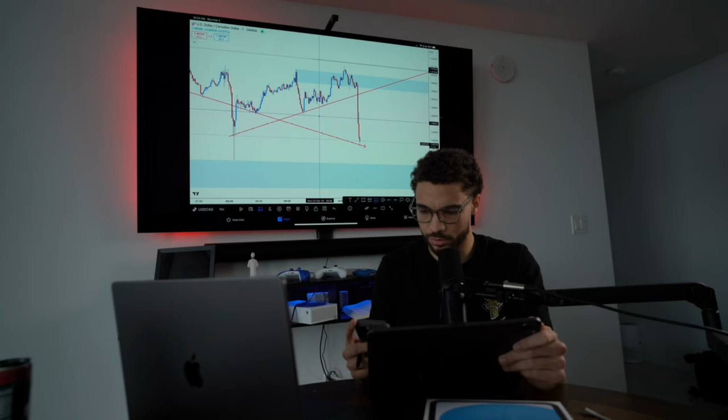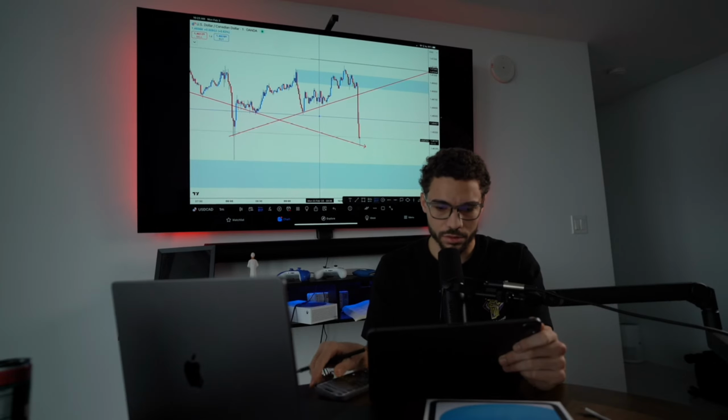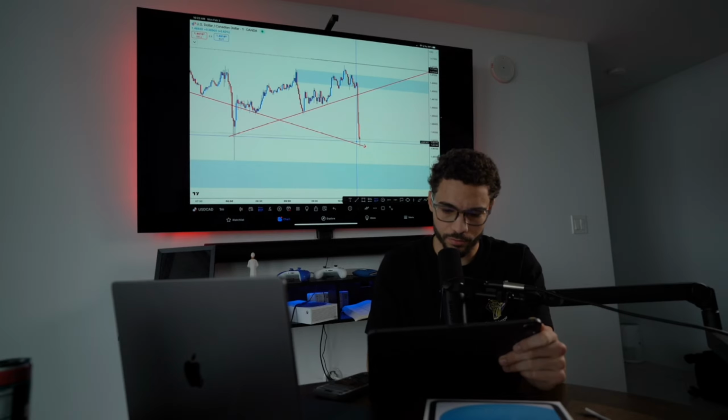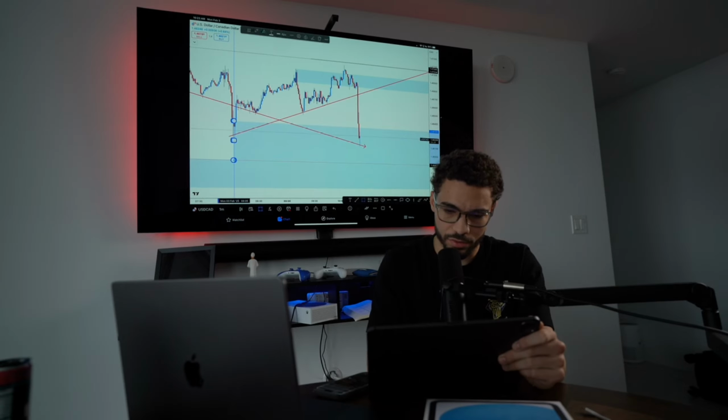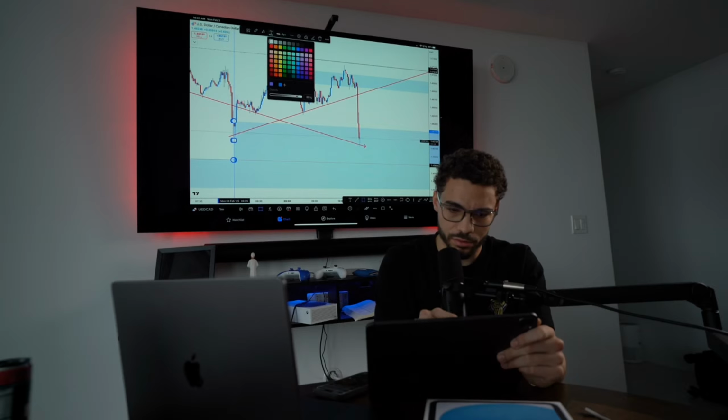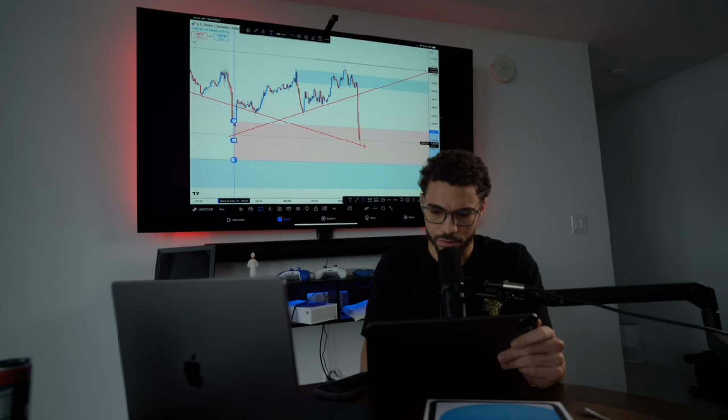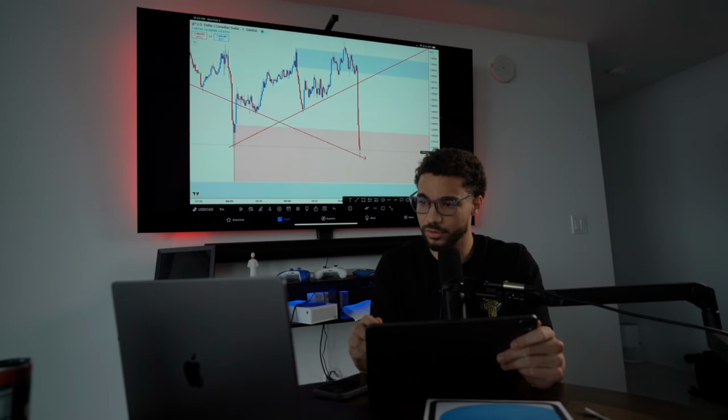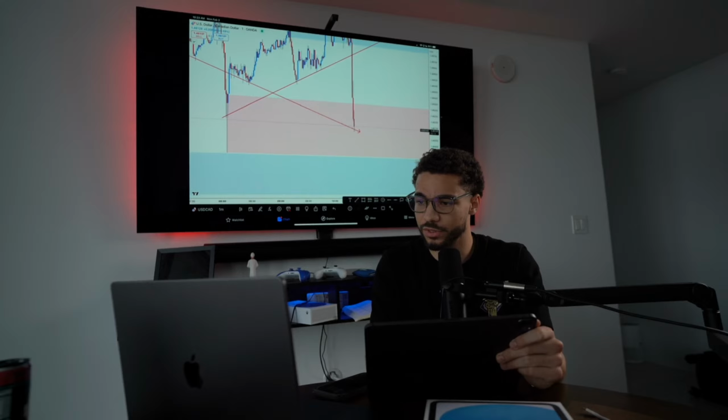Spot gold rose 1%. All right, let's see. This is going to be a key area here. How we react here will determine what goes through this.